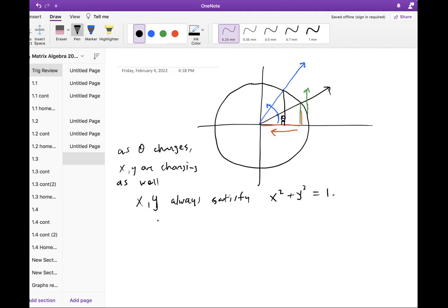Since as theta changes, x and y are changing as well, let's make a function such that you plug in theta and get x back.